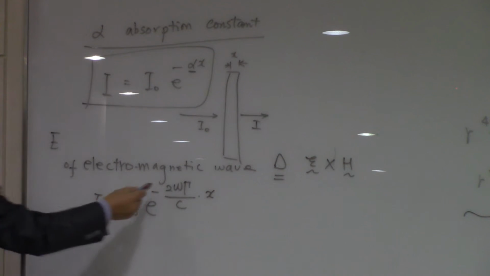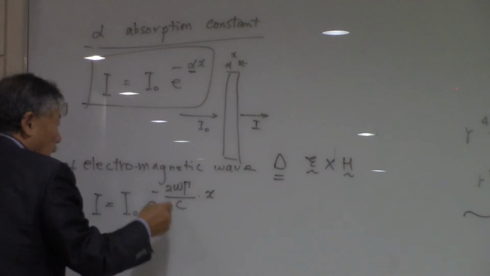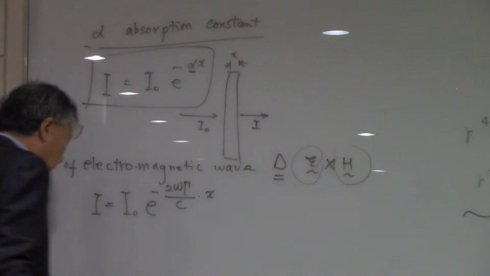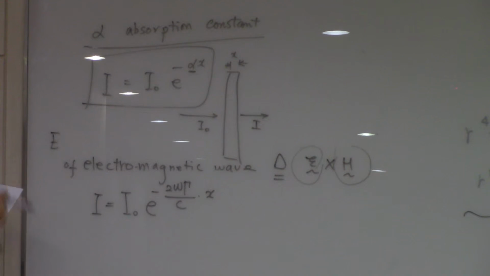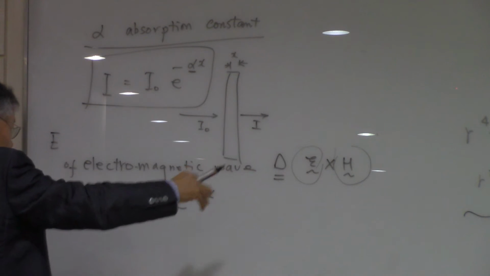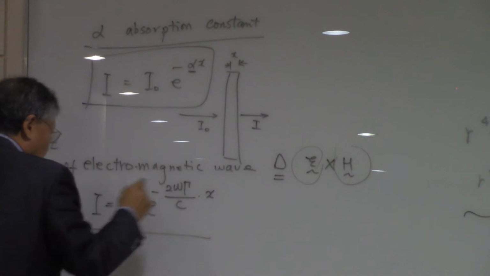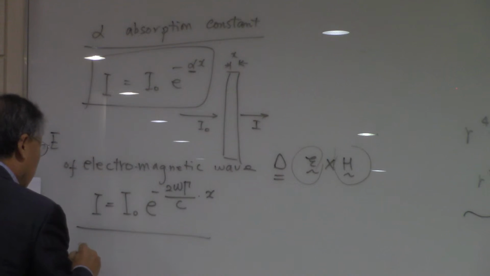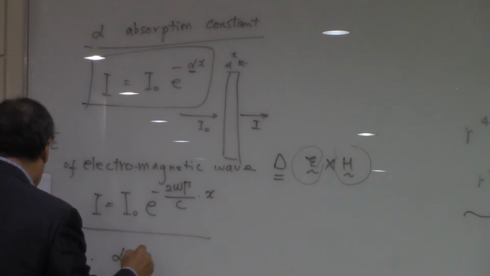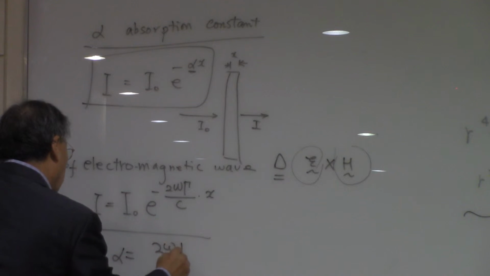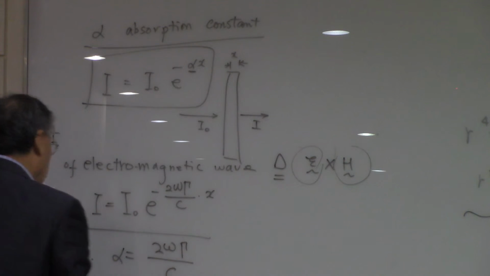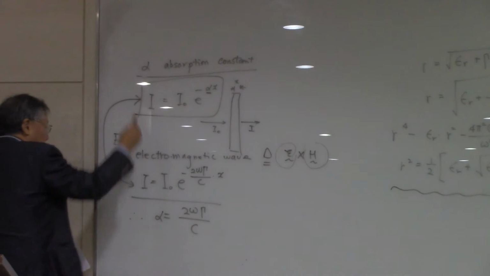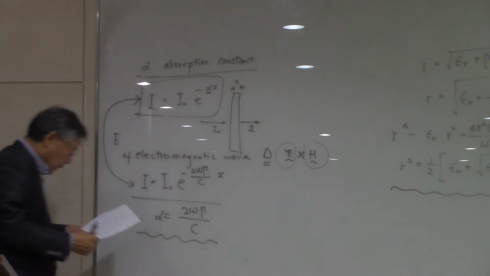Okay, the 2 comes from this attenuation factor being related to both of the fields there. So by curling those two things, you end up with a 2. I write it here. Okay, so alpha is going to be 2 omega gamma over C. If you compare those two things, you end up with something like this, right?